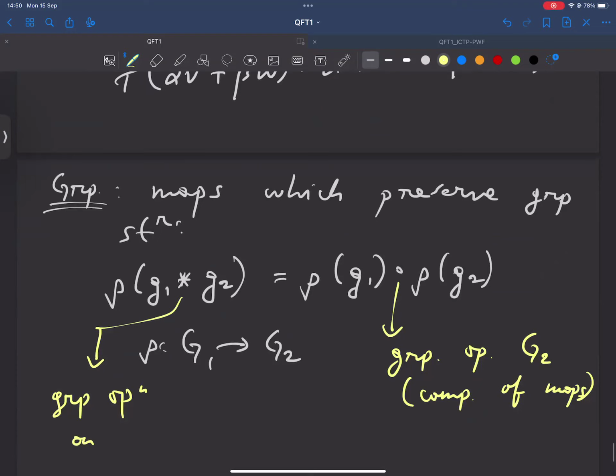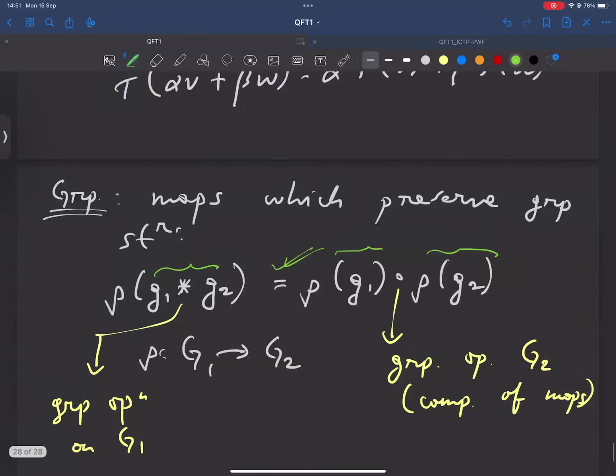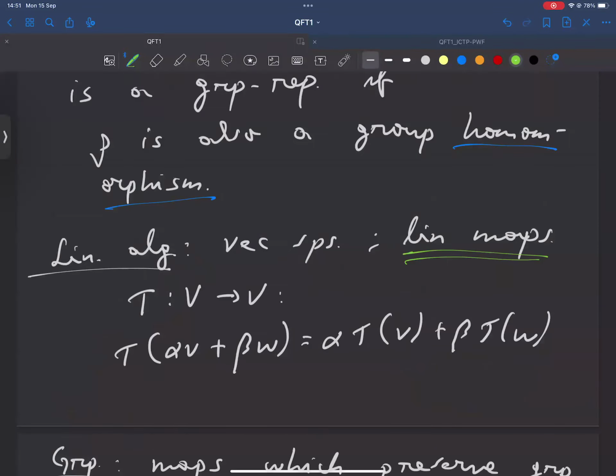And this was the group operation on G1. So you see, the meaning of preserving the group structure is this equality, that it nicely does the way group elements could be composed in this way. You can compose maps in this way. So maps which obey this are called homomorphisms or group homomorphisms. So in other words, linear maps will be called vector space homomorphisms. Okay, so homomorphism is not such a difficult word. All it means is that it preserves the group structure.